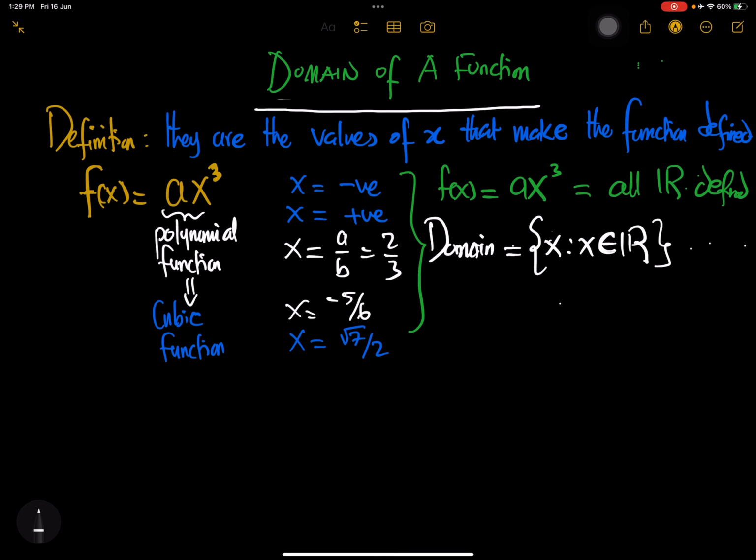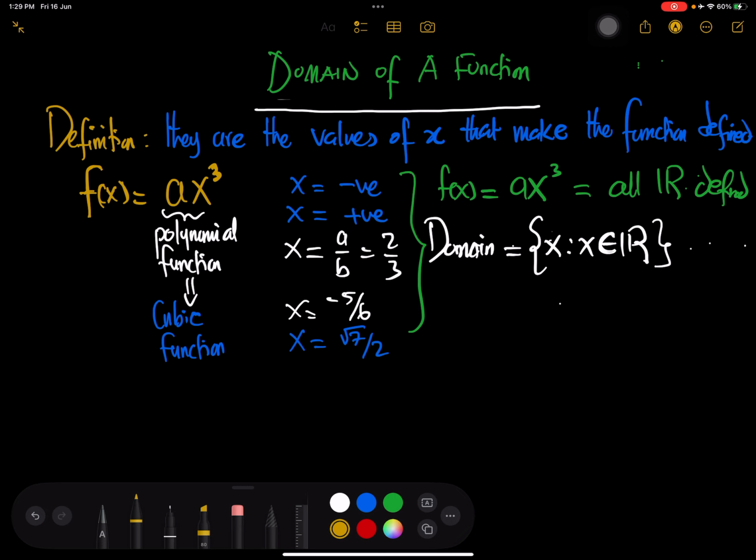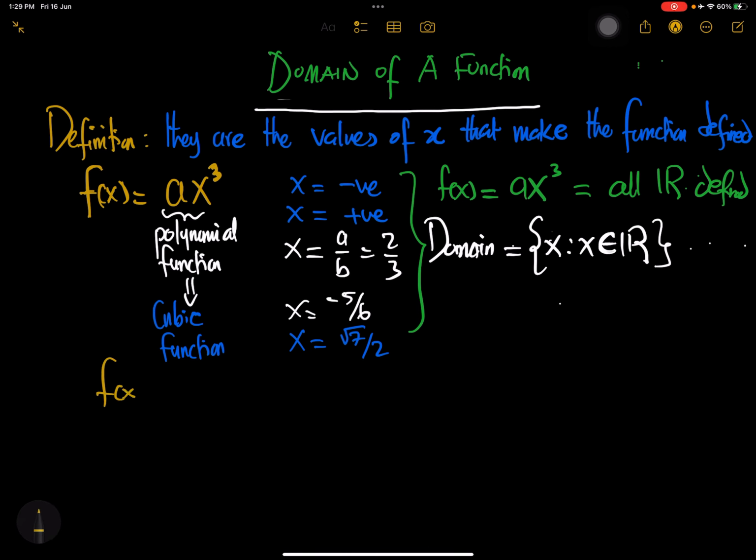Now, let's look at another situation where we have f of x equal to 3x squared over x minus 1. We can see here that when x is 1 in the denominator, our function changes.